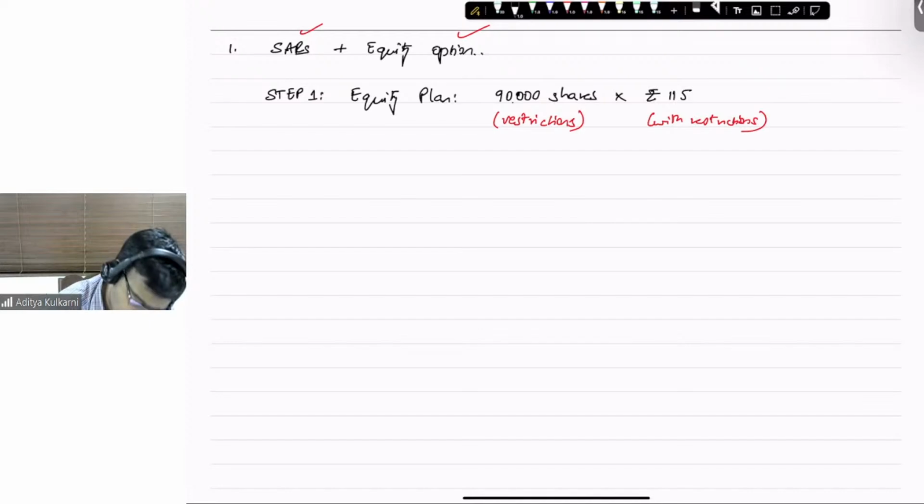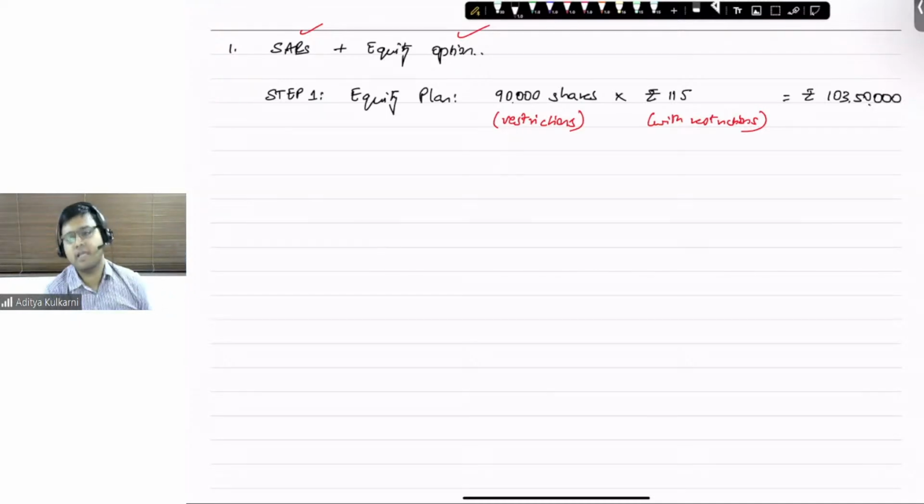So this comes to how much? 90,000 into 115, 103 lakhs 50,000. Rupees 103 lakhs 50,000. Okay. So fairly simple. No problem here.